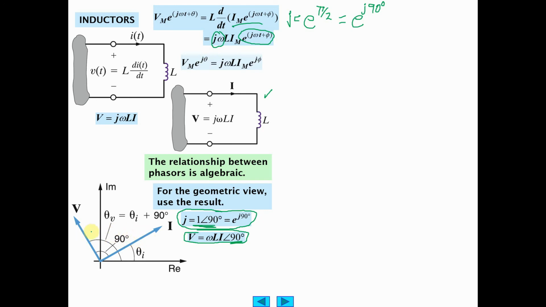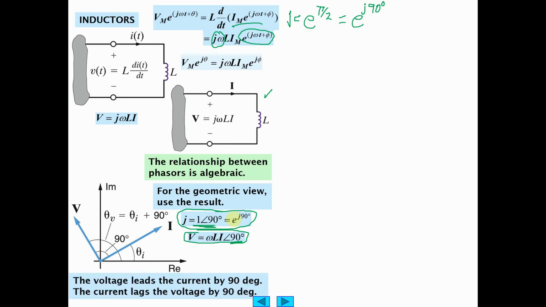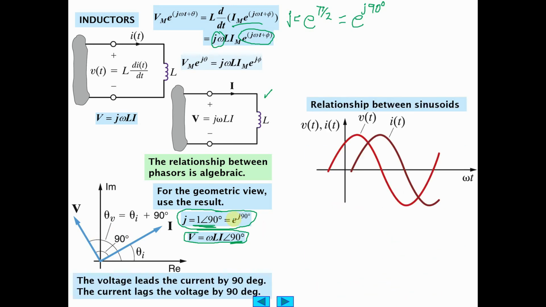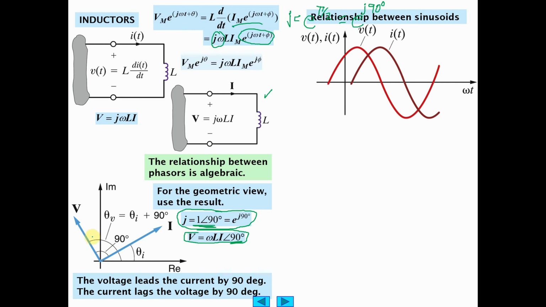It's 90 degrees in advance of the current. And instead of a plot like this, plots of angles and sinusoid waves, remember on a circle that the sine is given by the height and the cosine is given by the length on an xy plane? Well, now instead of an xy plane, we're doing real and imaginary numbers, excuse me.